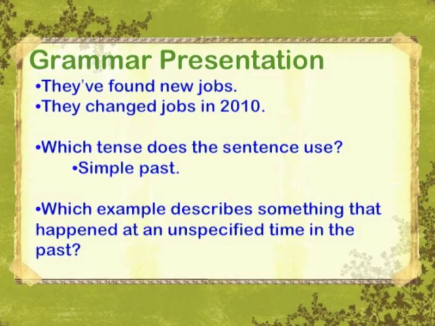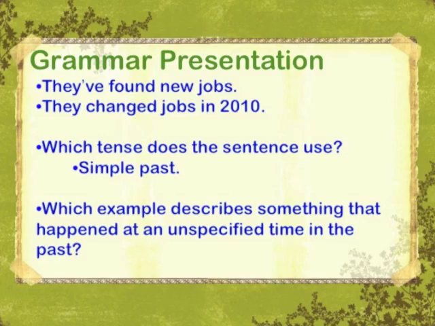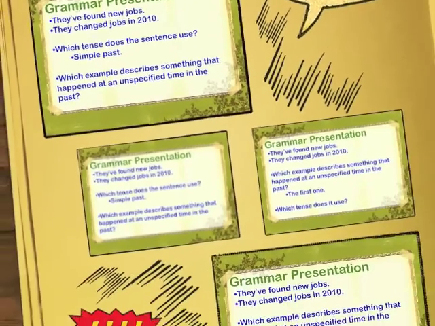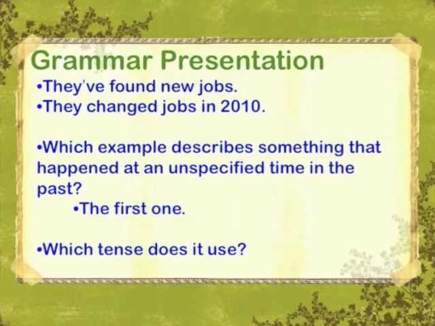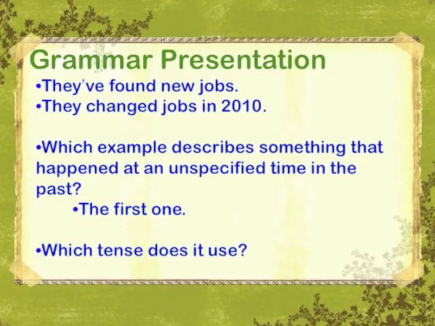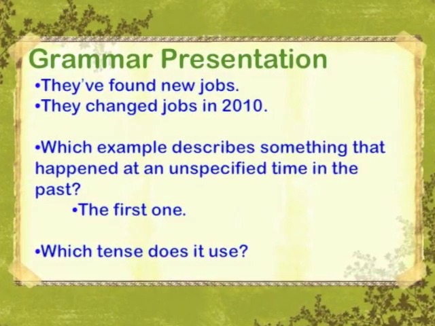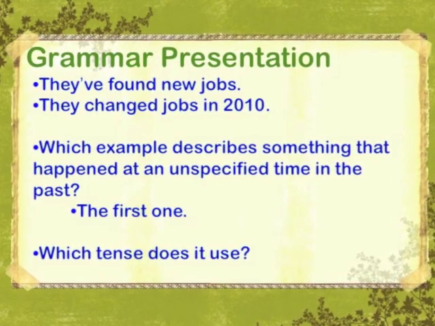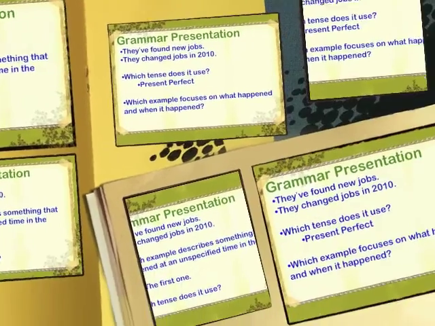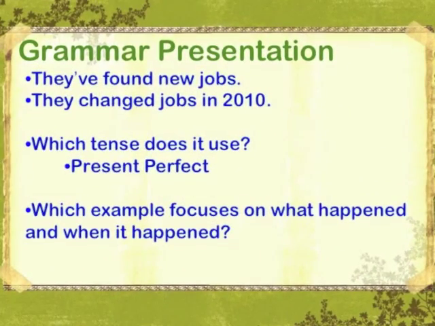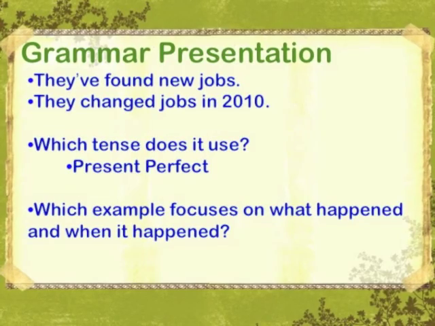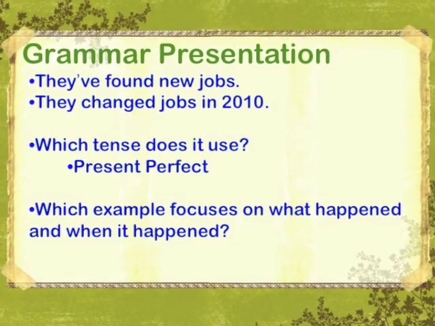Which example describes something that happened at an unspecified time in the past? The first sentence describes something that happened at an unspecified time. Which tense does it use? The first sentence is in the present perfect. So let's look at them carefully.